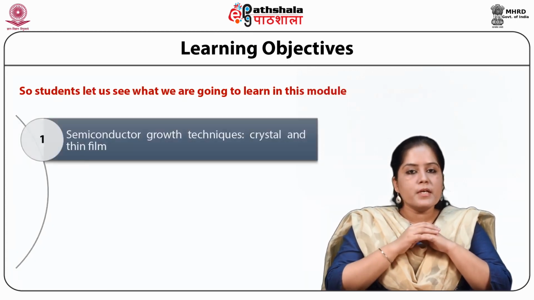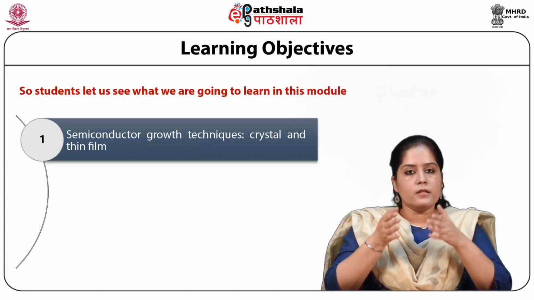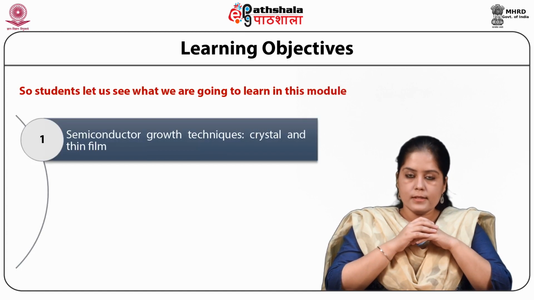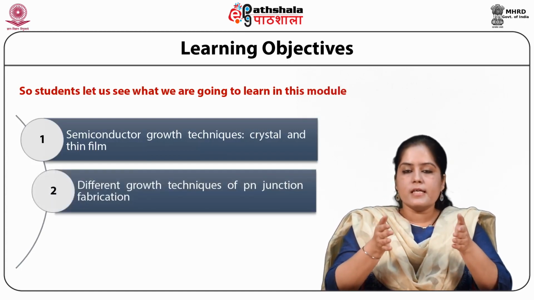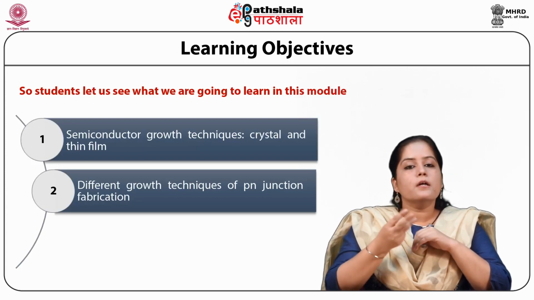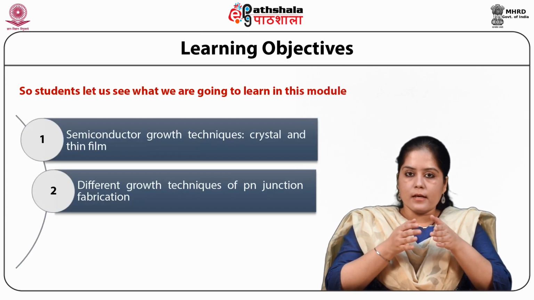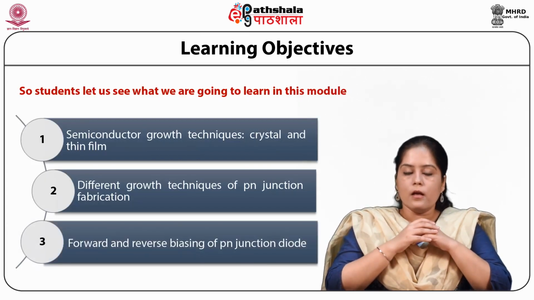First, semiconductor growth techniques, that is, for the growth of crystals and thin films, will be discussed. Second, the different growth techniques for PN junction fabrication. Third, we will be discussing the forward and reverse biasing of the PN junction diode.